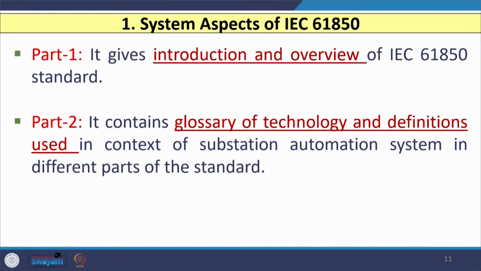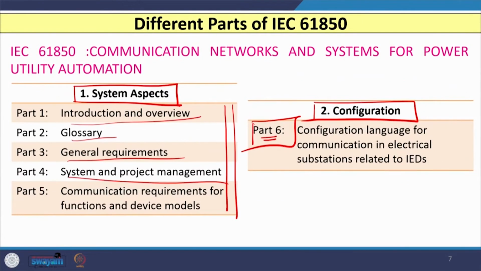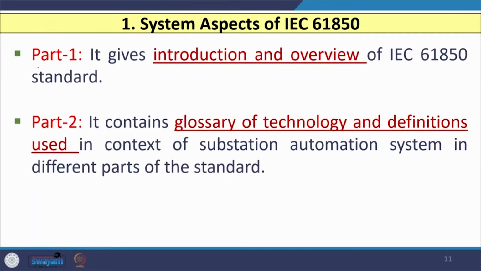In these aspects, as I told you, 5 parts are available. You can see here that 5 parts are available, and let us see the importance of each part. In system aspects, part 1 gives the introduction and overview of the entire IEC 61850 standard.